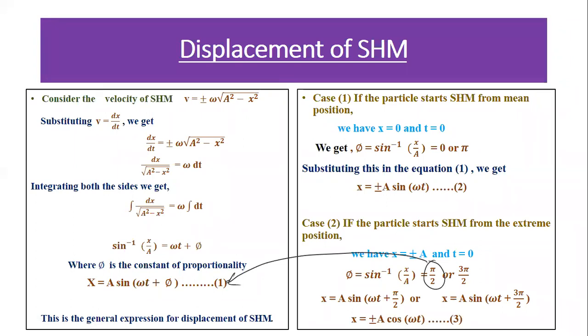So we get the formula for displacement when particles start at extreme, and it is a cos omega t. So both the formulas are very, very important from the problem point of view. In any problem, if the information is there that the particles start at mean or particles start at extreme, accordingly you have to use the formula of the displacement.